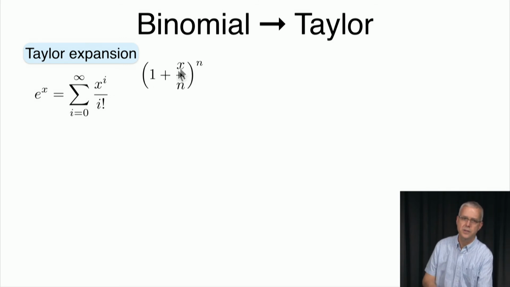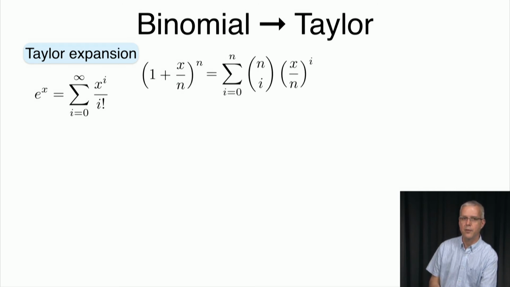So notice that one definition of e to the x is the limit of (1 plus x over n) to the n. For example, one definition is (1 plus 1 over n) to the n when n tends to infinity. And e to the x, by the same reasoning, is (1 plus x over n) to the n. Okay, so we can expand this using the binomial theorem.